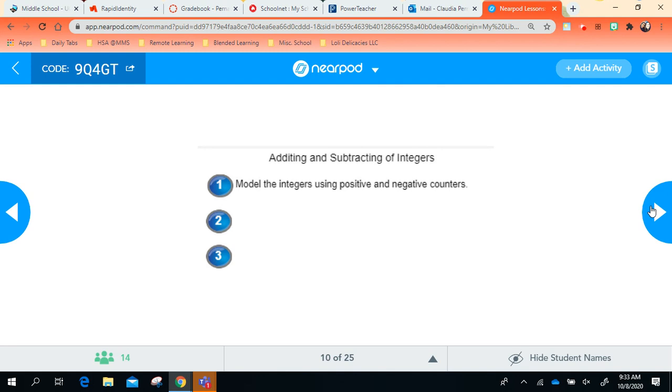Title it, Adding and Subtracting Integers. Step 1. Model the integers using positive and negative counters. Again, notice how I say adding and subtracting integers. I didn't say adding and subtracting all numbers. Because once we get to rational numbers, things change a little bit.